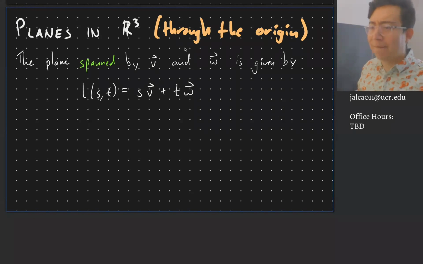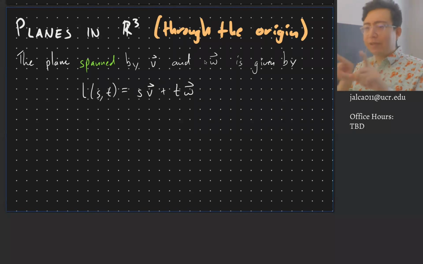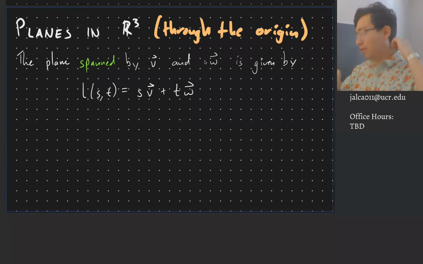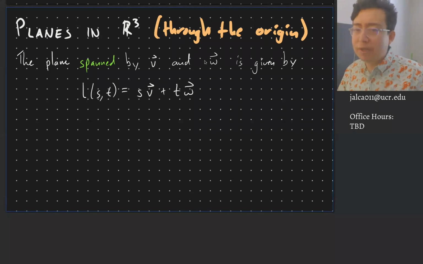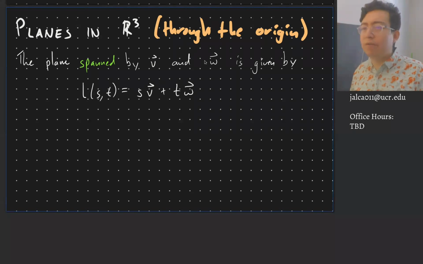You might be thinking, how do only two vectors determine a whole plane? Because intuitively, you would need three points to figure out what the plane is. But you also get the origin. The origin is always going to go through here as well. Later, as the quarter goes on, we're going to learn different equations for planes as well. Okay.